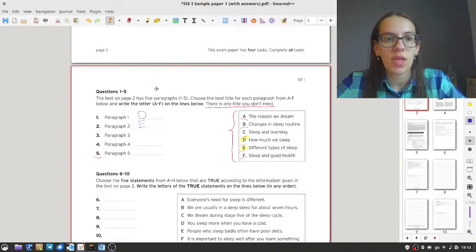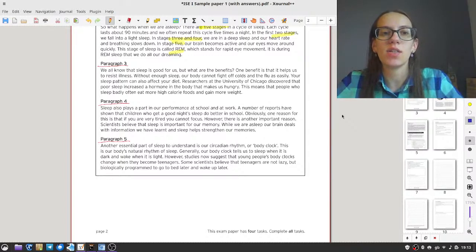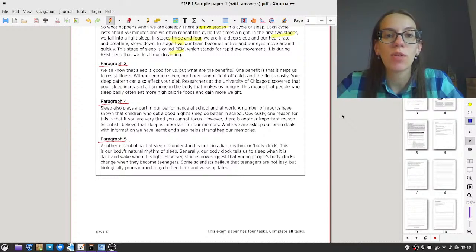Next, again, paragraph 3, we read through it and decide what the main idea is. So we all know that sleep is good for us, but what are the benefits? One benefit is that it helps us to resist illness. Without enough sleep, our body cannot fight off colds and the flu as easily.